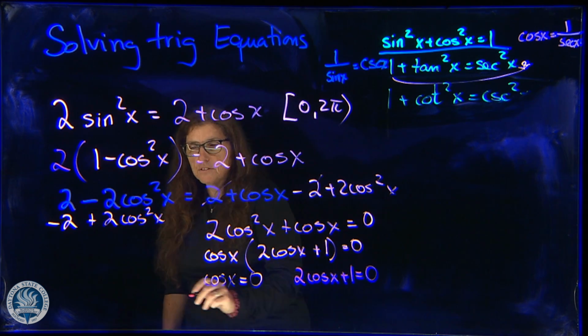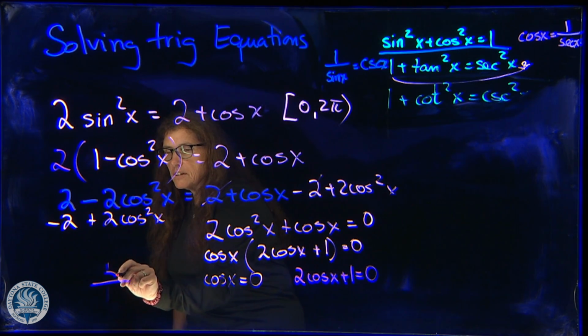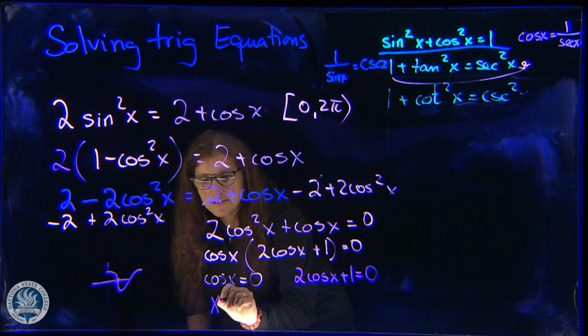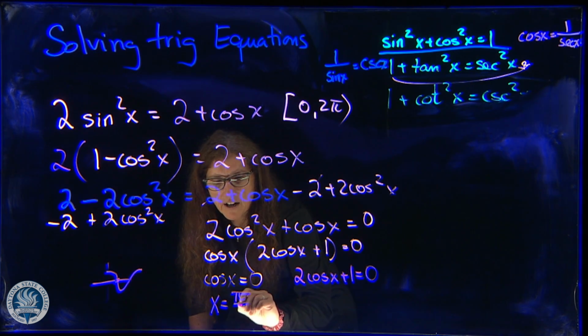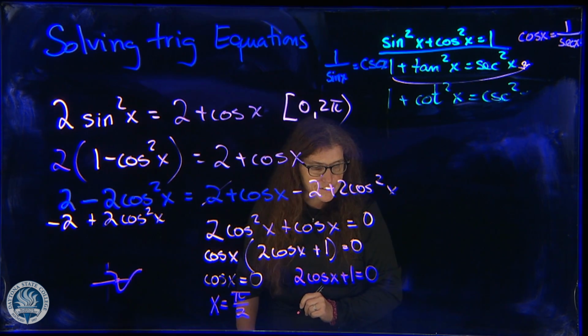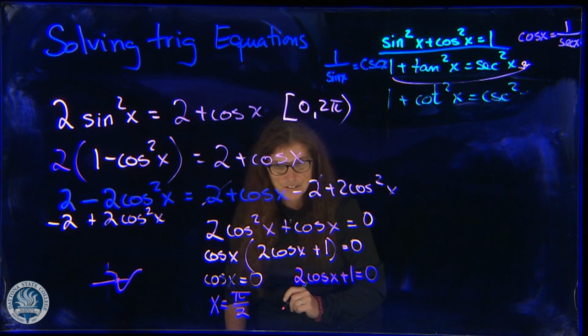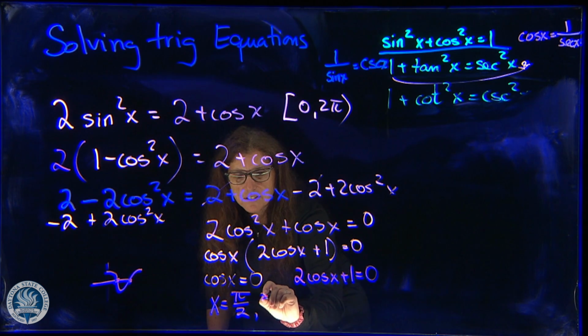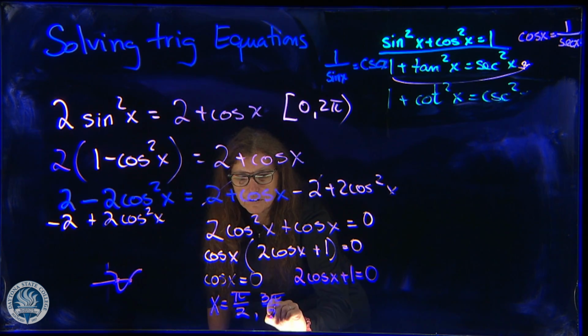If you look at your unit circle or your general cosine graph, the cosine is equal to 0 at x equals pi over 2. When else is the cosine equal to 0? The cosine is equal to 0 right here, which is, in this case, 3 pi over 2.